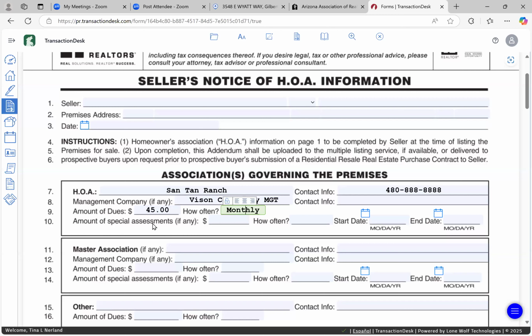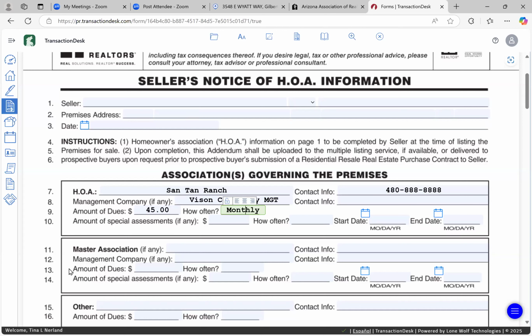Any amount of special assessments. Special assessments are more common in condos or townhomes because it could be like a roof replacement. That's an assessment that they are going to charge all of the homeowners, and that needs to be shared here, if any. Some communities have more than one HOA.